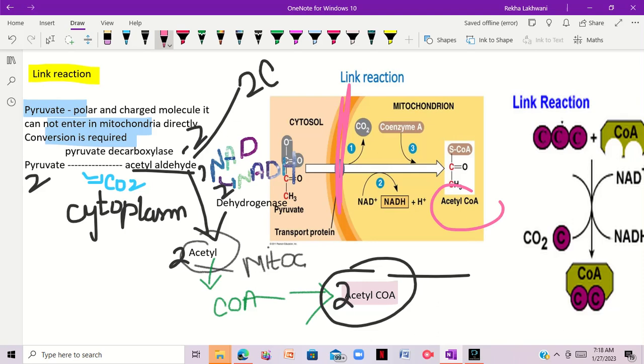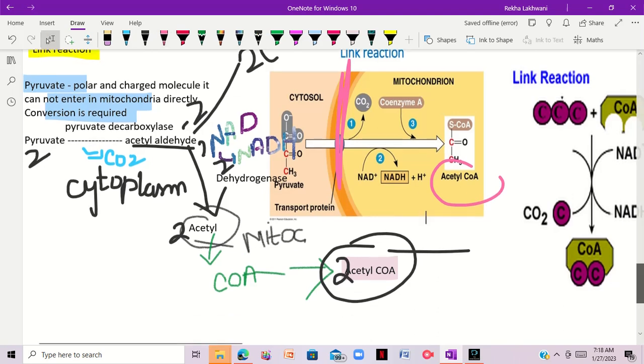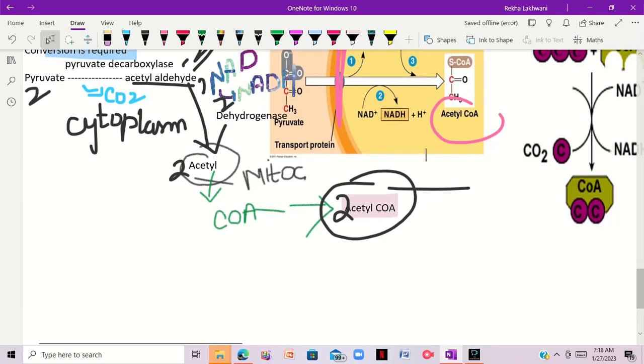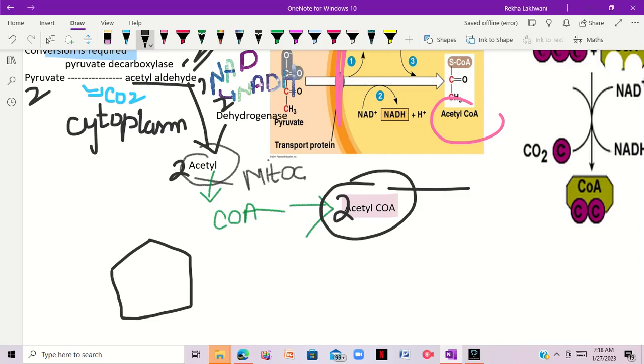Now let's look at the structure of acetyl coenzyme A. Basically the structure is something like this. There is a pentose sugar. Over here we have a nitrogenous base, which is adenine.